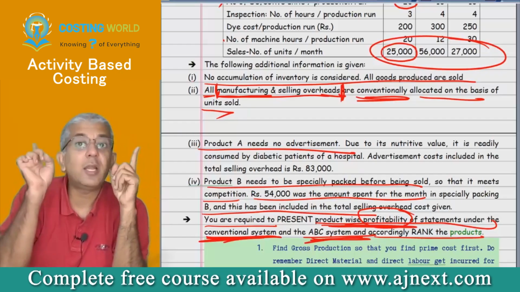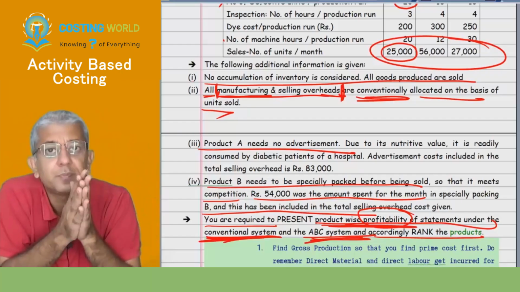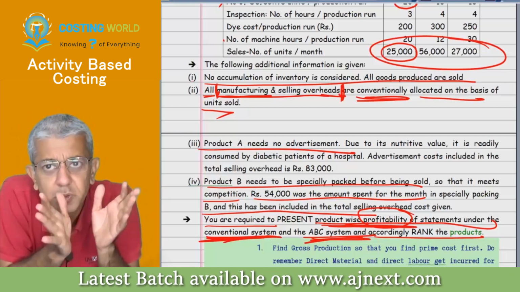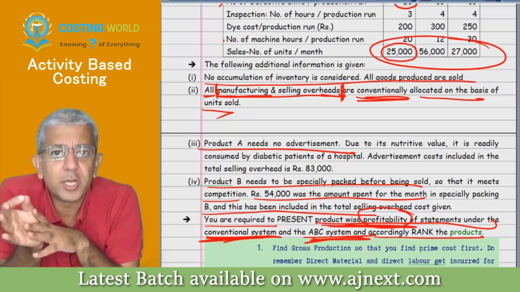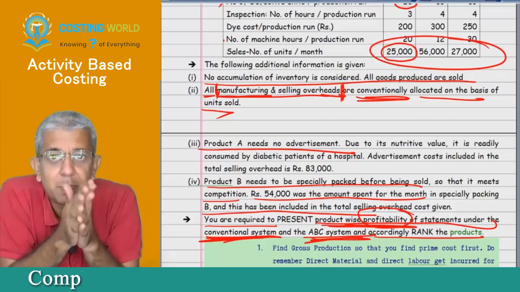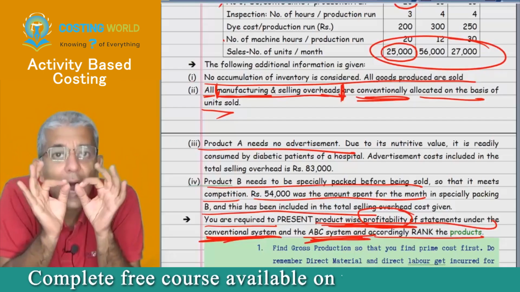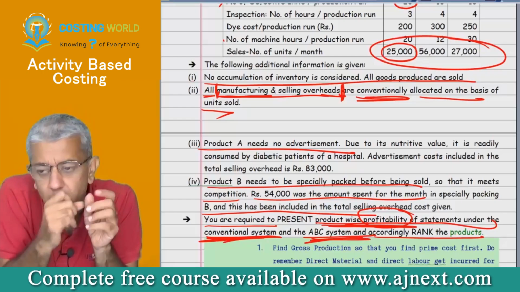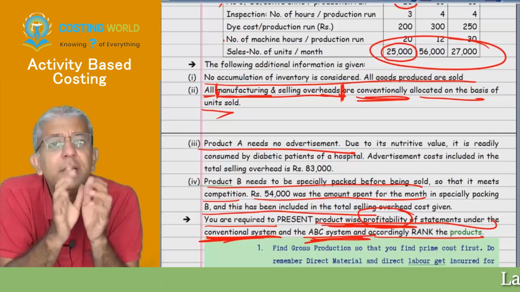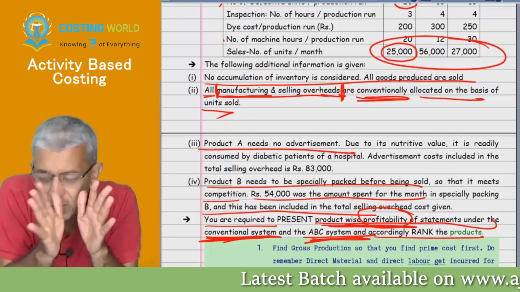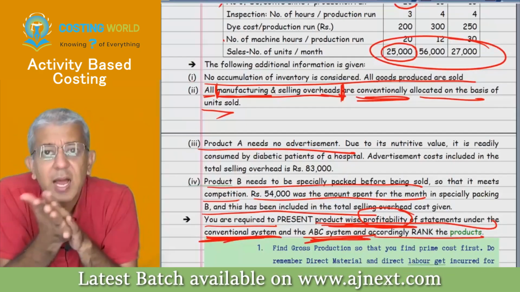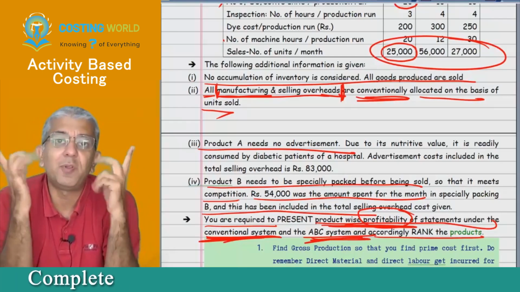Now, one thing that I told in cost sheet also, first chapter, whenever you have to decide which is your best product, that product is best which gives you the highest total profit. If you all remember your chapter number 1, we all had done one question like that also. So what I am trying to say, whichever product gives me the highest absolute profit will be my rank number 1.